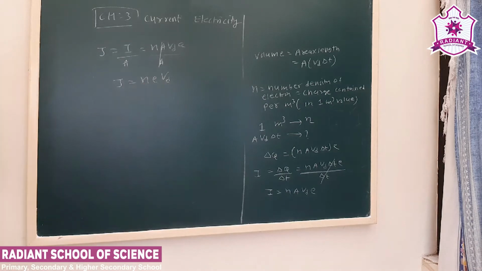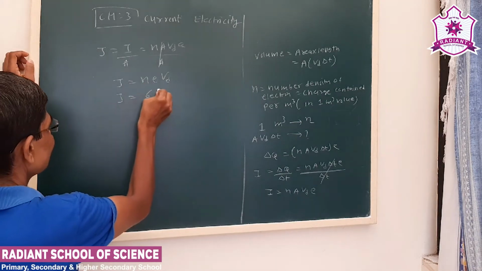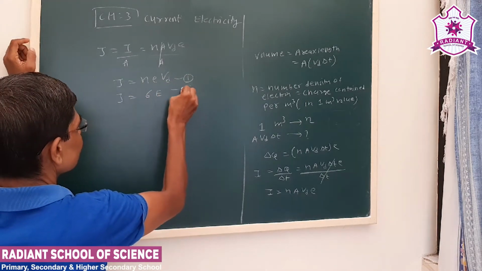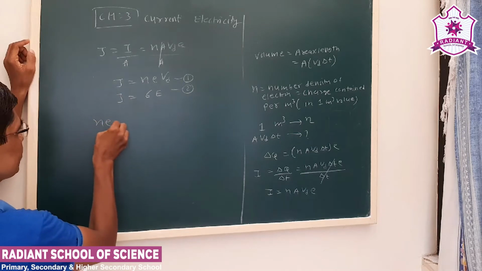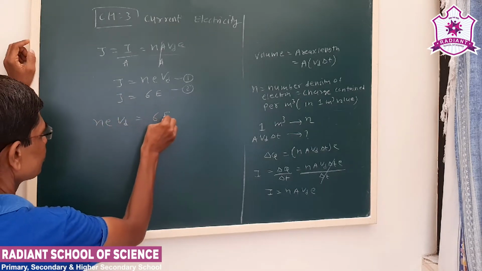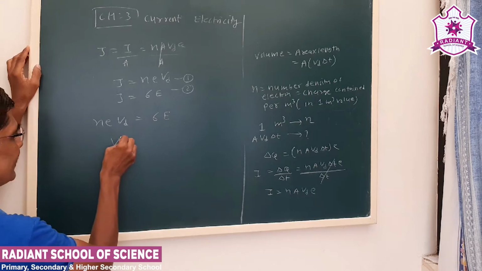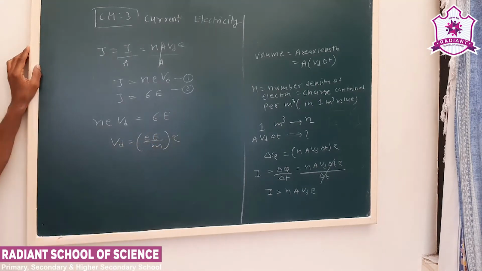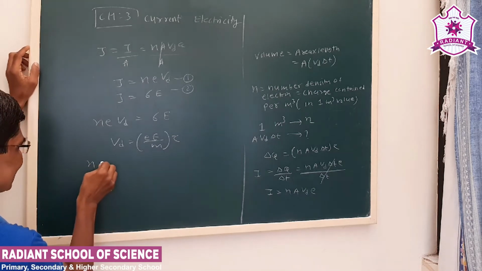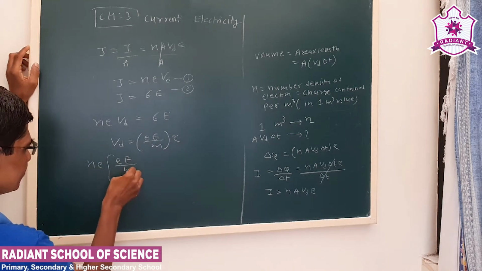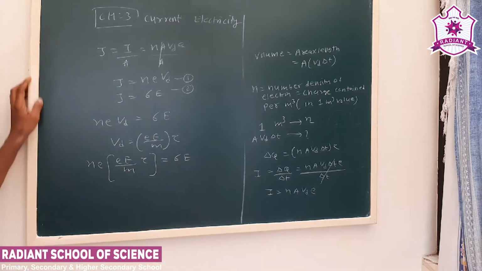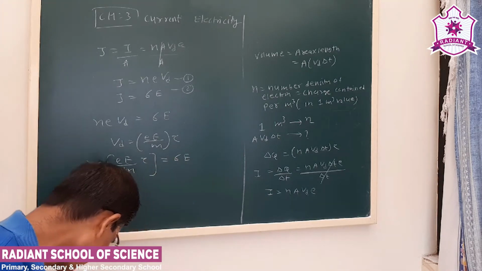Now earlier we have proved the vector form of Ohm's law, J is equal to sigma E. Now see, if I compare this, Vd is eE by m into tau, that we have proved just now, and J is N e Vd. Okay, now this capital A will get cancelled.